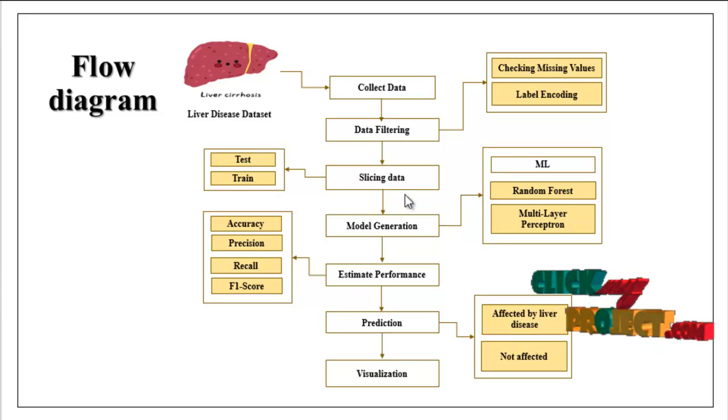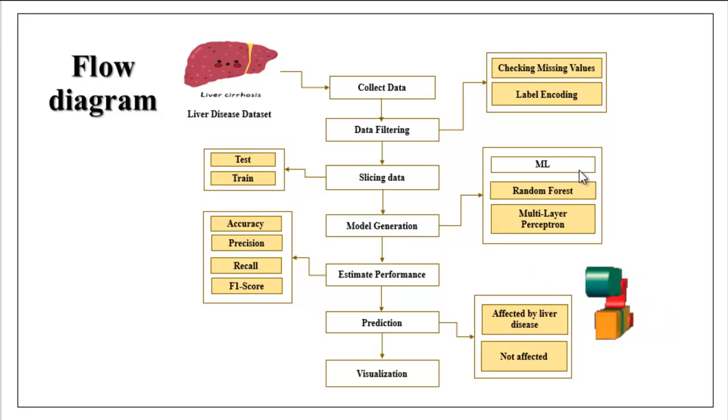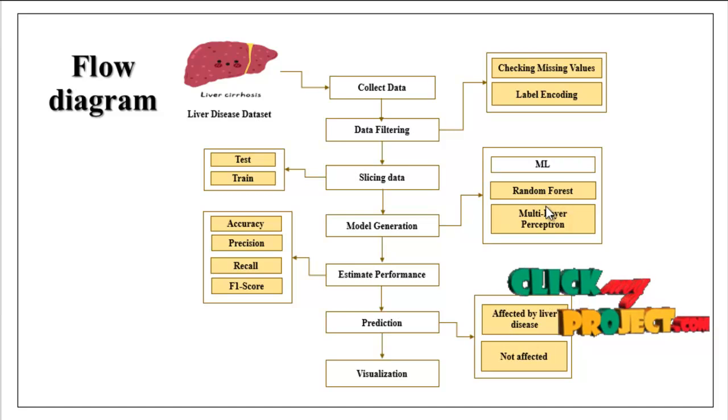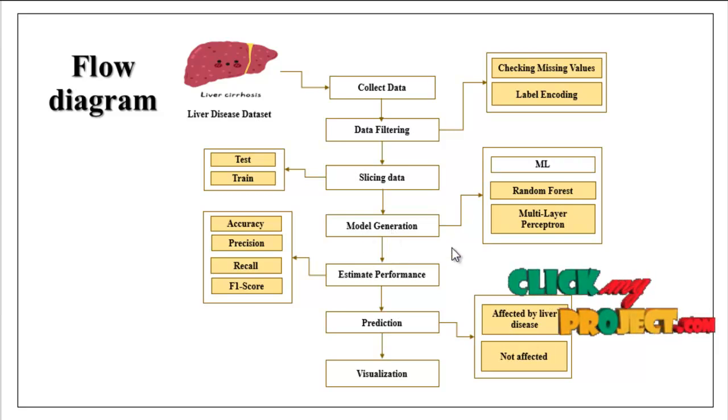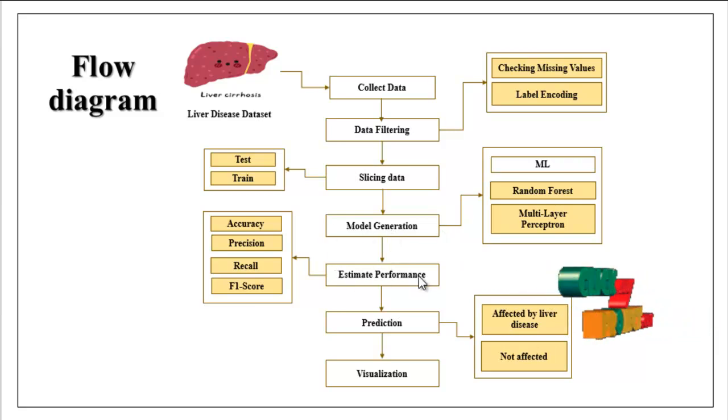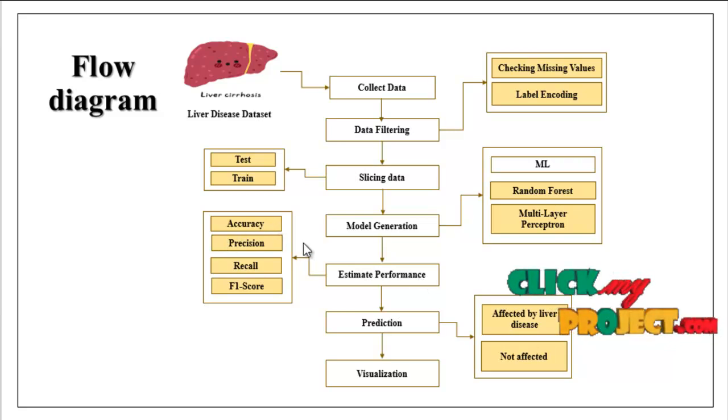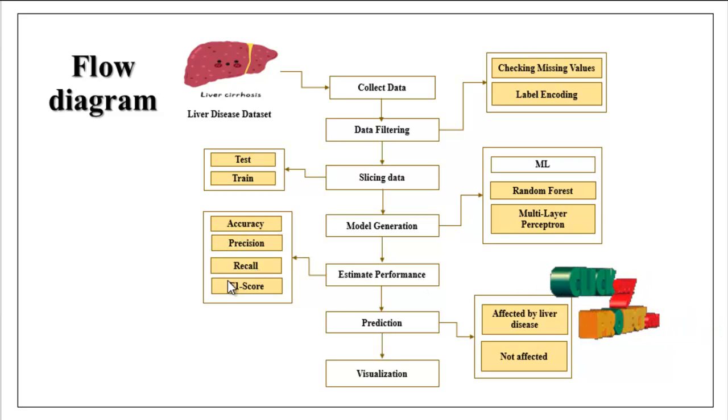The sliced data is carried to model generation. Here we implement two different algorithms, random forest and multi-layer perceptron. With the help of the generated model, we can estimate different performances such as accuracy, precision, recall, and F1 score.